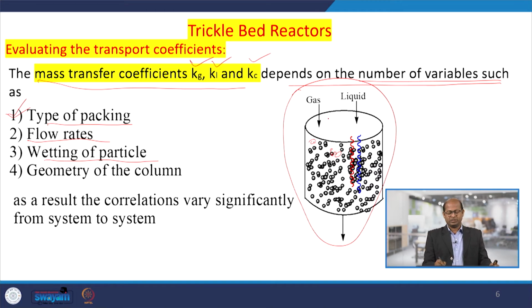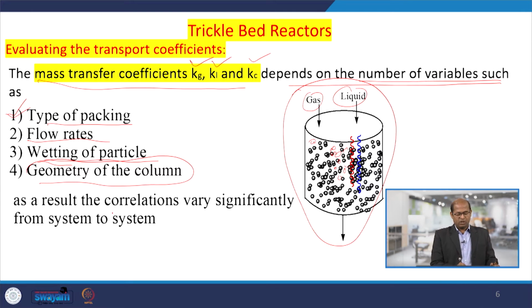Wetting means, suppose there is a catalyst bed and the flow rate is very low, then not all of the catalyst is wetted. Maybe 70% of the solid catalyst comes in contact with the gas and liquids, and the rest 30% does not. We have to account for that when we design or calculate the actual weight or conversion for the K_VG, K_VL values. And the geometry of the column is also very important.